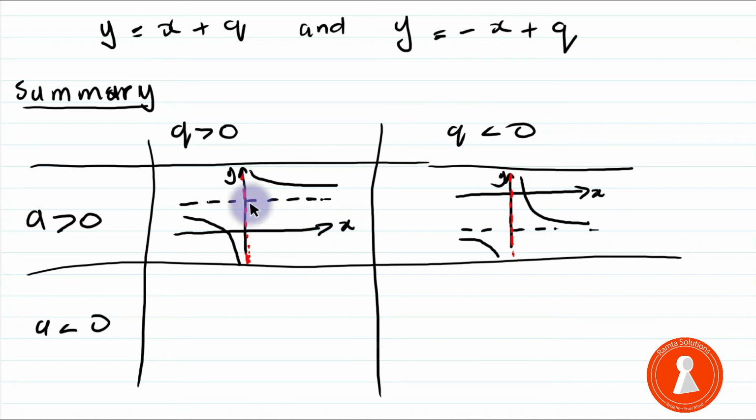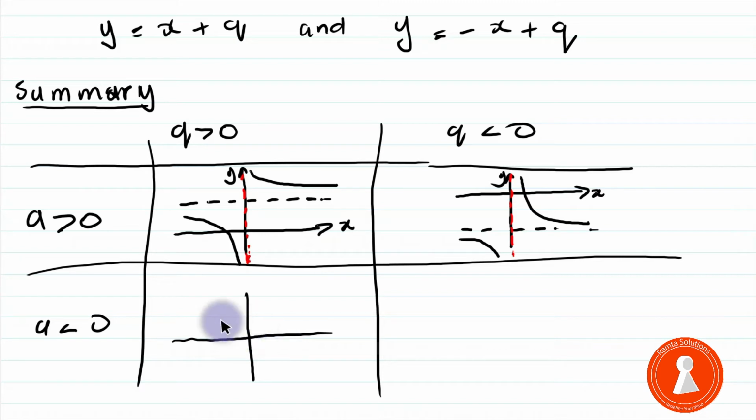Look at it. When Q is positive, it is shifted up. When Q is negative, it is shifted down. And indeed, it is between the first and the third quadrant. Okay? First and third. Now, let's look at when A is negative. When A is negative, the graph lies between the second and the fourth quadrant, right?